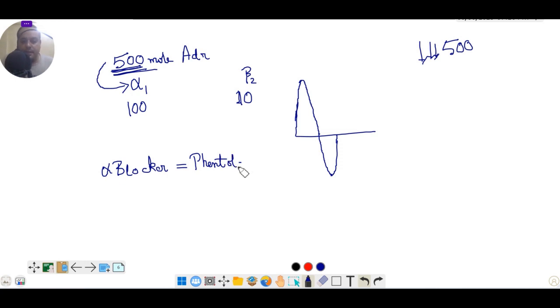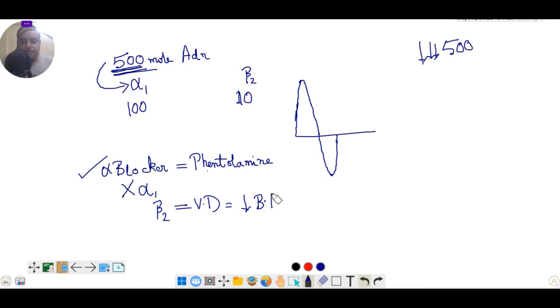Now once I give the alpha blocker to the patient, adrenaline was first supposed to act on alpha 1 and there would be vasoconstriction, but since I have given the alpha blocker, this action of alpha 1 will not be there. So now the only action that is possible will be beta 2. Again, due to beta 2, we know it would lead to vasodilation and ultimately decrease in BP.